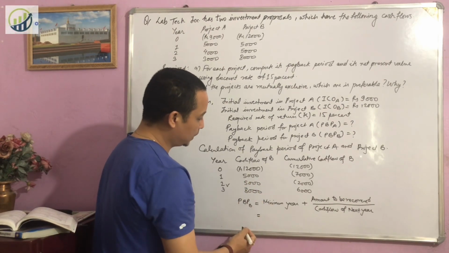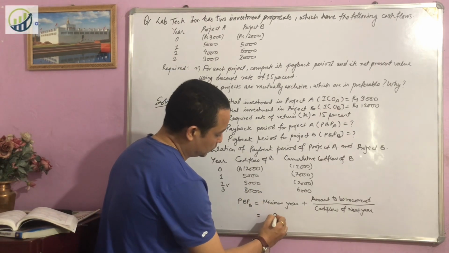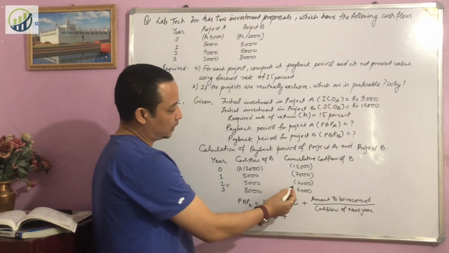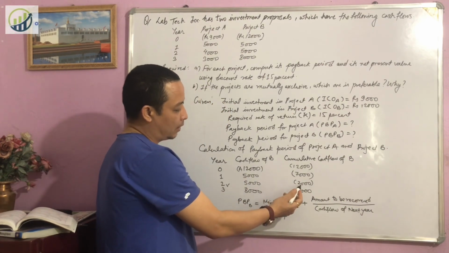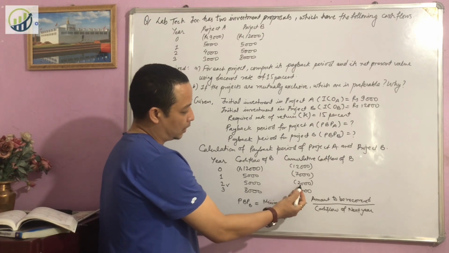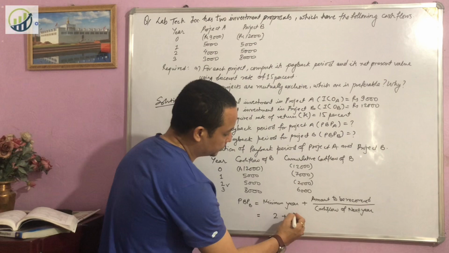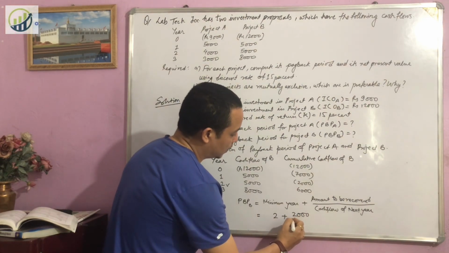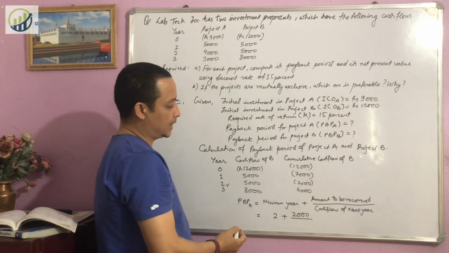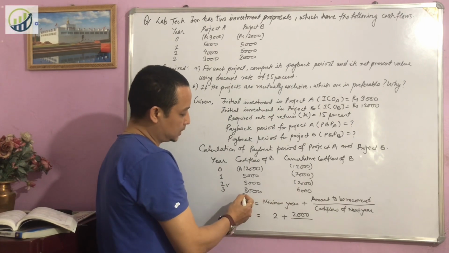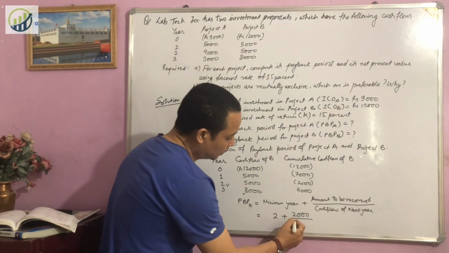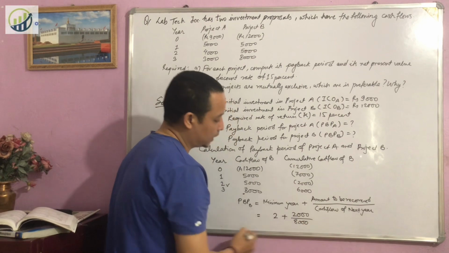So now the minimum year is 2. Amount to be recovered: here 2,000 is the amount to be recovered. And the cash flow of the next year, if you see, is 8,000, this is your cash flow of next year.